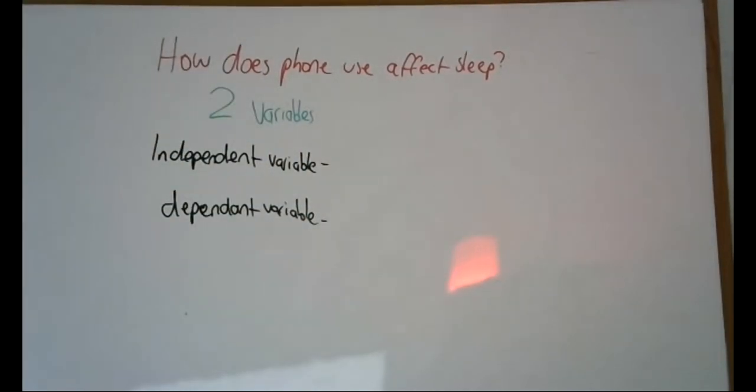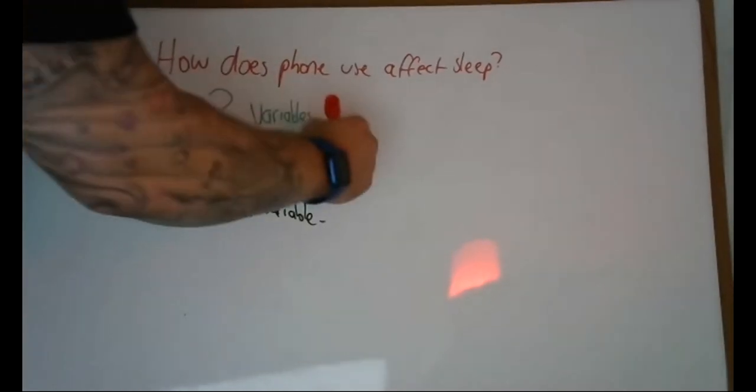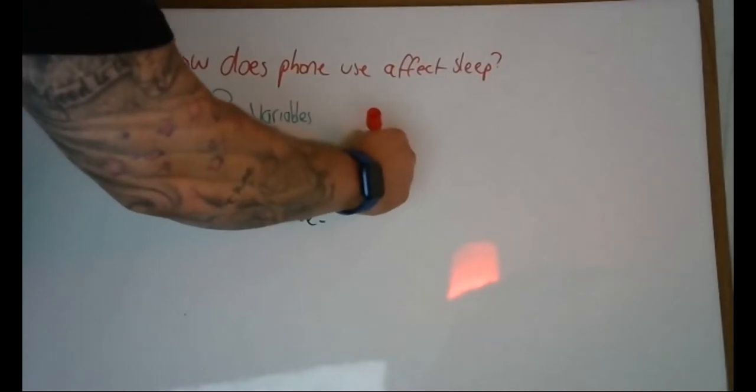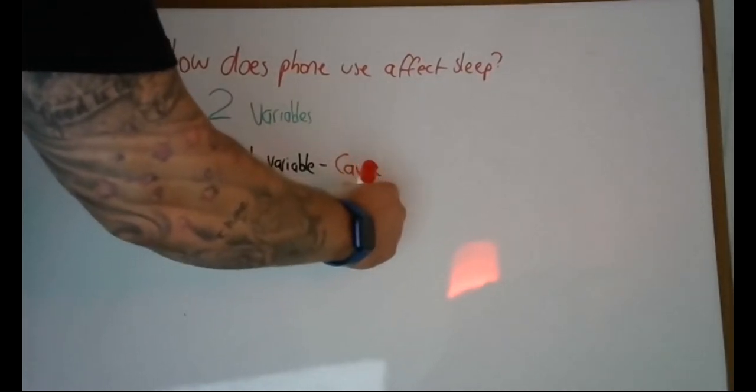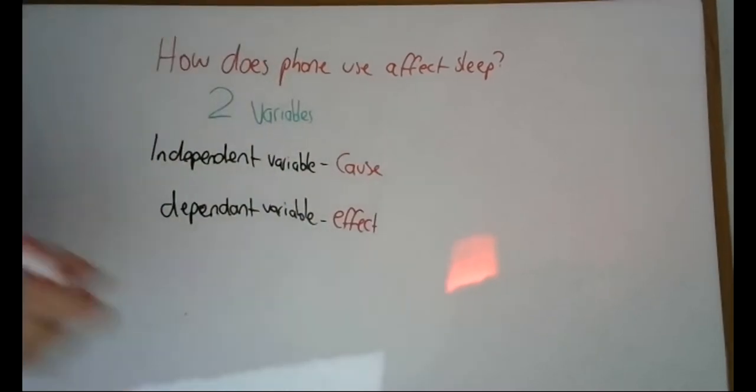So clear independent and dependent variable. An easy way to think of these two things is the independent variable is the cause. And this is the effect.